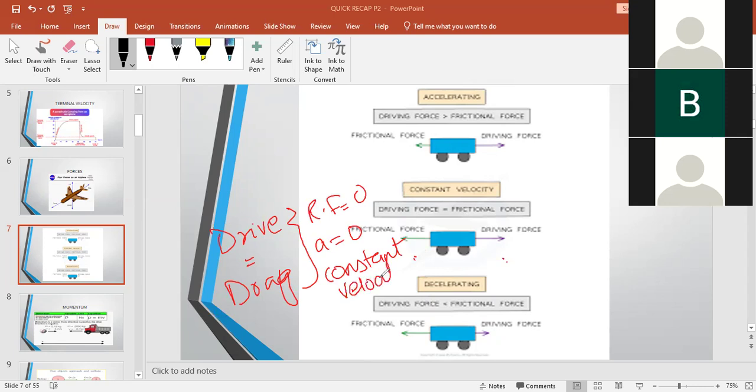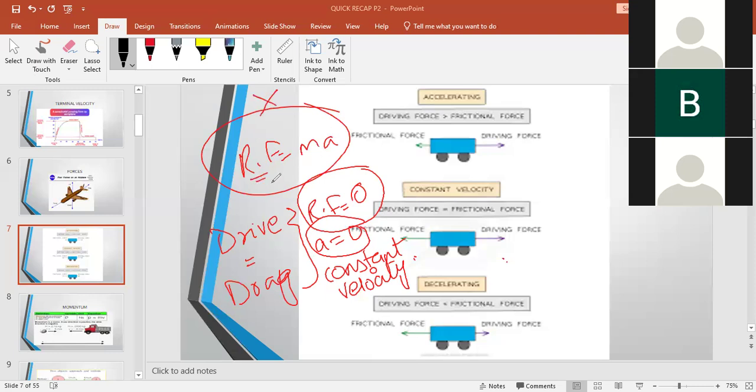So whenever you have to write down the motion in which the object is moving with constant velocity, you have to use these terms: the acceleration will be zero and the resultant force acting on the object will be zero when the object is moving with constant velocity. Clear? In that case, there will be no acceleration, so you will not use this formula, because this is zero and this is also zero.